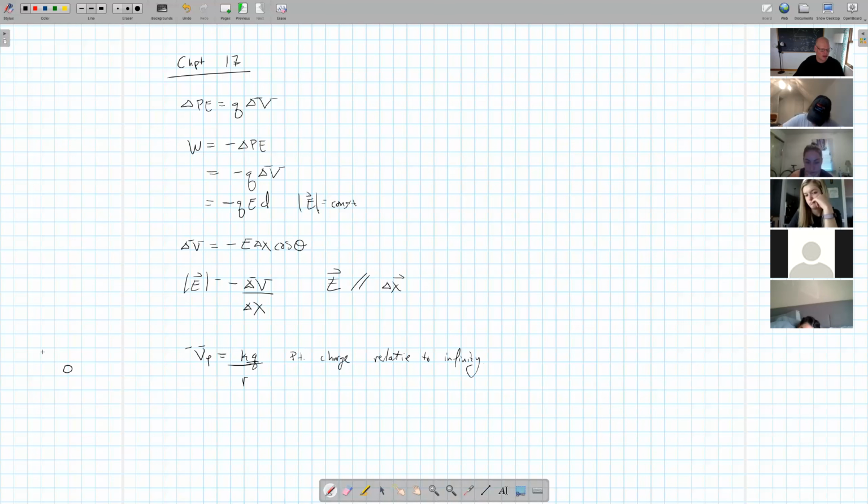So if this is my point charge Q, this is my point P at a distance r, that's the potential there relative to what it is at spatial infinity. And if I have more than one point charge, then the total potential at that point is equal to the sum over all of the potentials at that point.